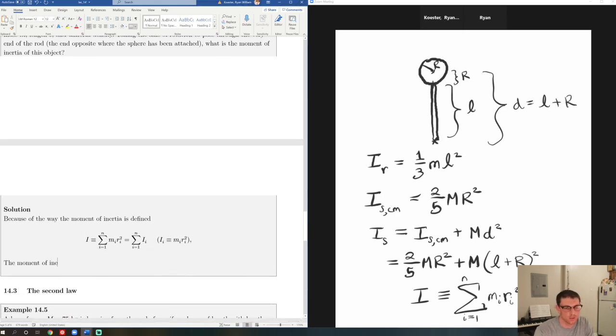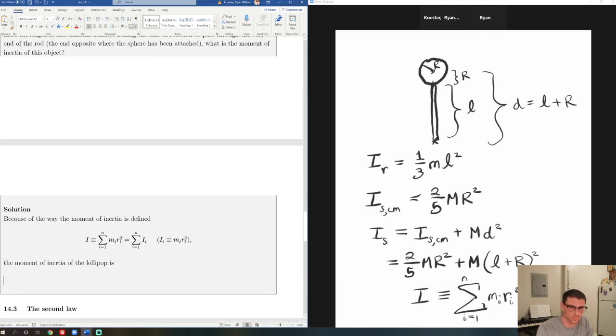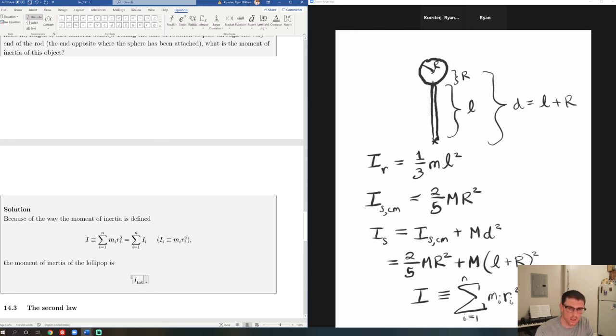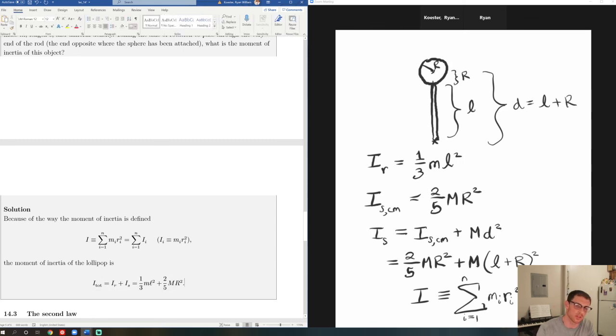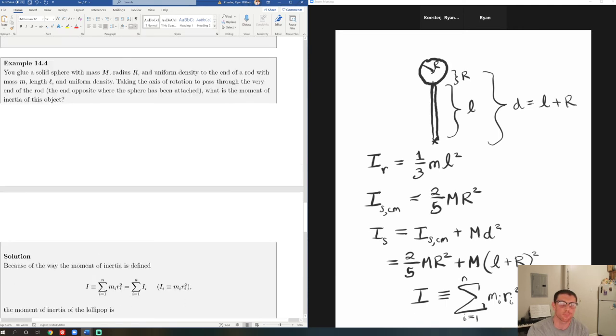The moment of inertia of the lollipop is, and I'll call it I total, I guess, just going to be the moment of inertia of the rod plus the moment of inertia of the sphere, right? The sort of transformed moment of inertia. And filling this in, we find 1/3 m L squared plus 2/5 m r squared. And this is our moment of inertia of this configuration here.